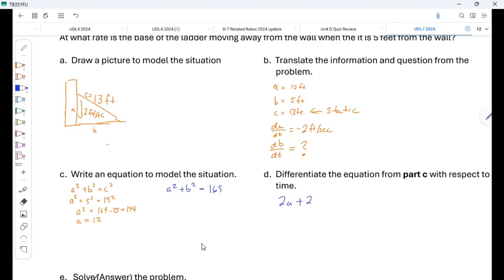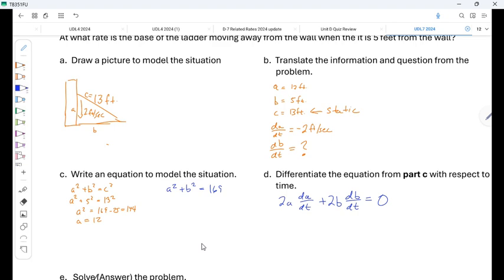2a dA/dt. Every single differentiation requires a chain rule when you're doing related rates. Plus 2b dB/dt equals 0. If you didn't plug your static variable in, you'd have to differentiate the c and write 2c dc/dt.